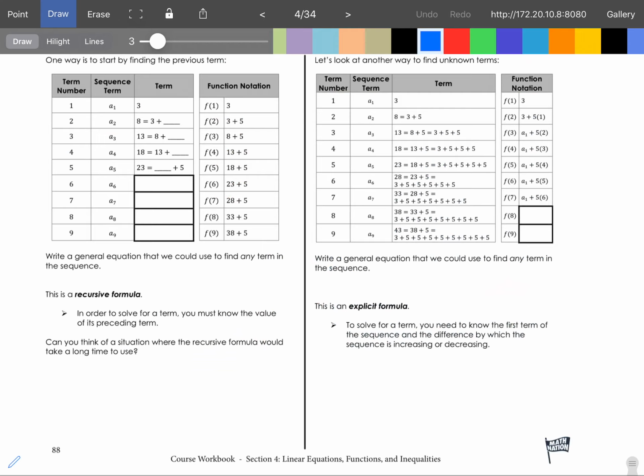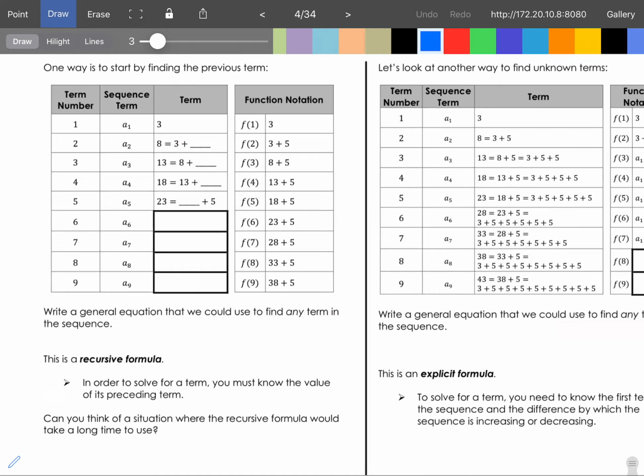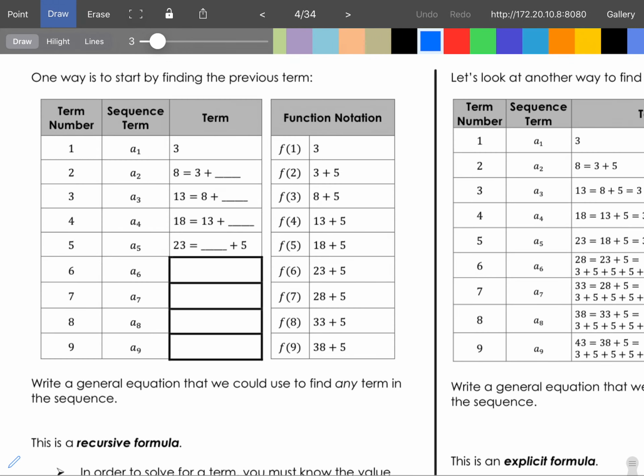So if we take a look at this table, this is just breaking down what we were doing. We have our first term, 3, and then we know that we were adding 5 each time. So 3 plus 5 gives us that 8. And then we take 8 and add 5 again, and that gives us our 13.